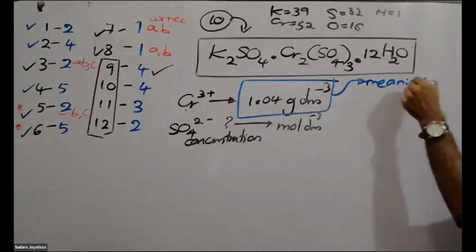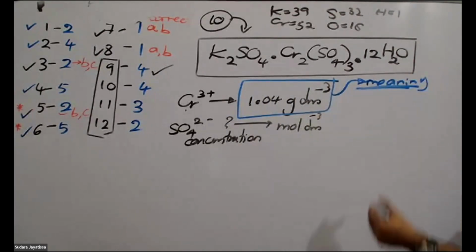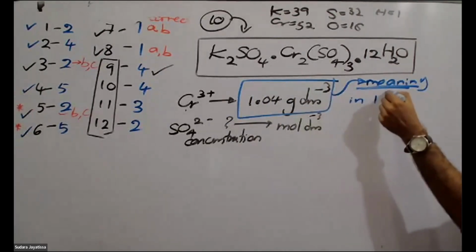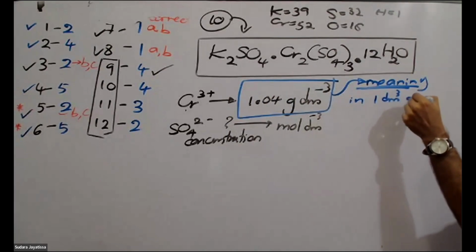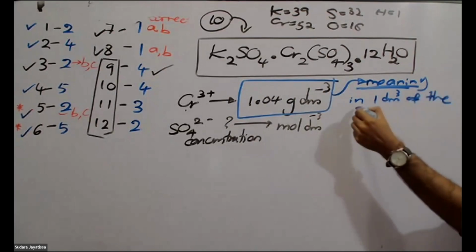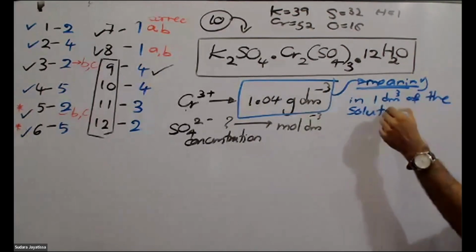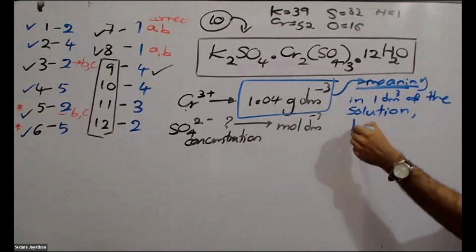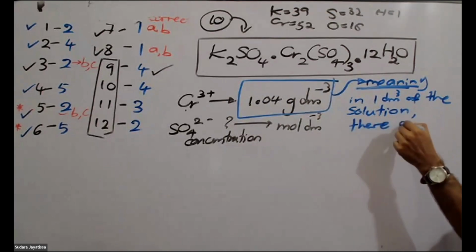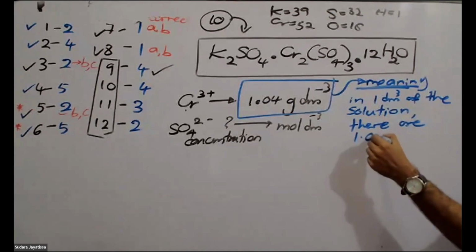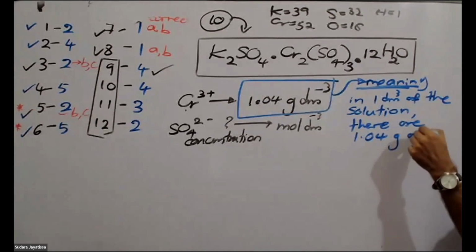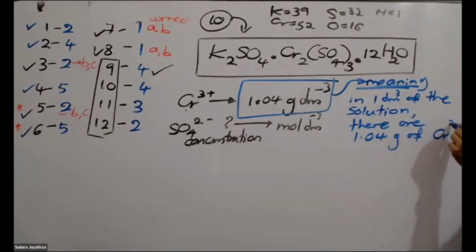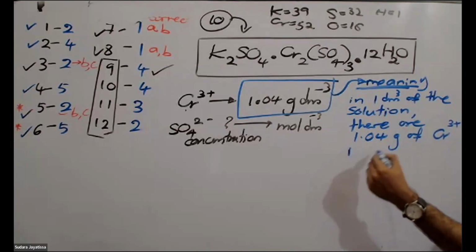It is telling you that in 1 decimeter cube of the solution, there are 1.04 grams of chromium 3 plus ions.